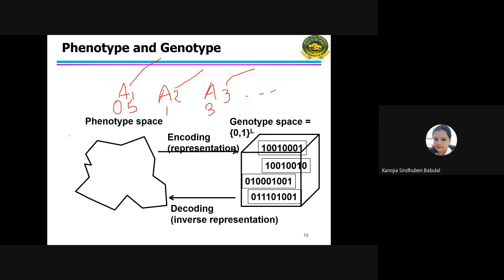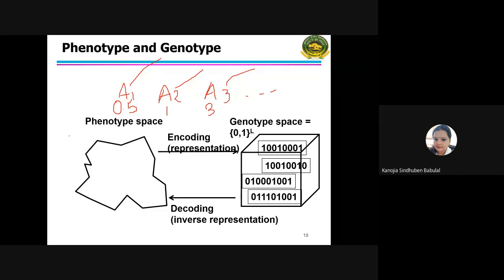For every parameter that we have, there is a phenotype. And if there is a proper mapping between genotype and phenotype, then we would be able to get a more efficient solution. We'll be able to get good solutions.